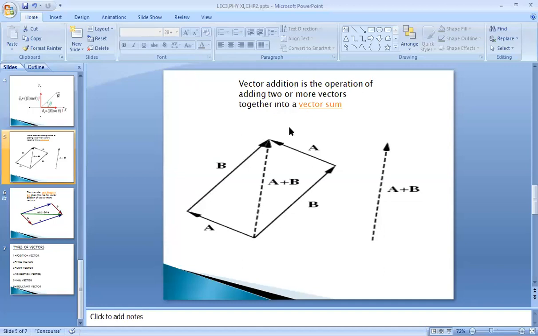It means that from here to here is the resultant vector A plus B, or when you go from here to here, it is B plus A. You can write either A plus B or B plus A. So this is the joining of vectors or addition of vectors. Basically, it is addition of vectors, but we use joining of two vectors and we follow the rule called the head and tail rule.